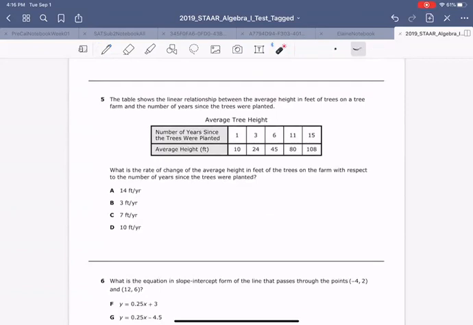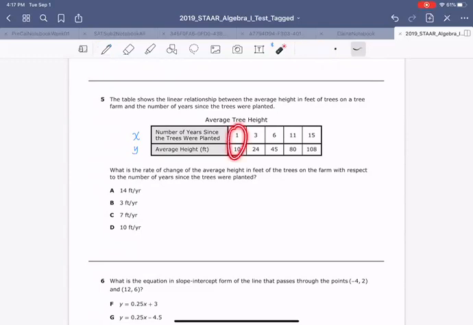This is a linear relationship, okay? You want to find out your slope. So basically, this is your x, this is your y, okay? And I teach you how to find the slope, the rise over the run, the y change divided by the x change, right?